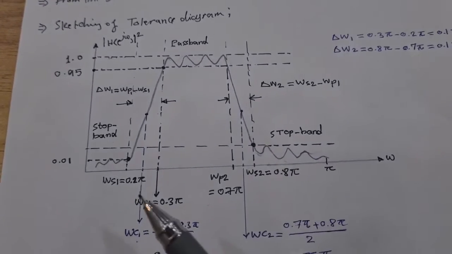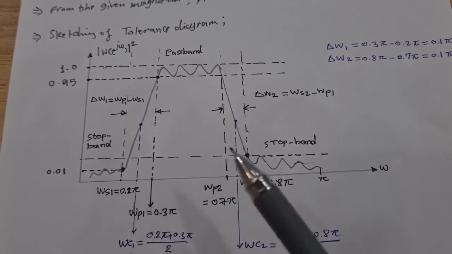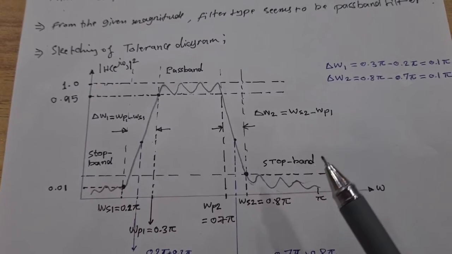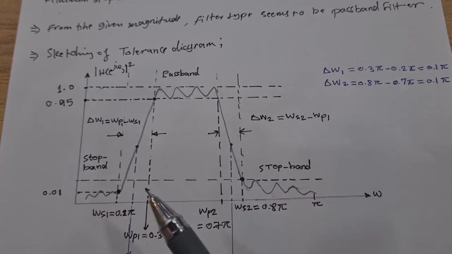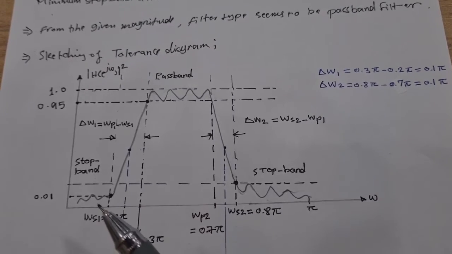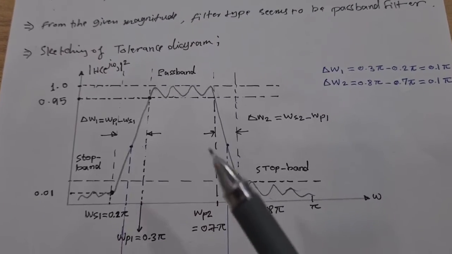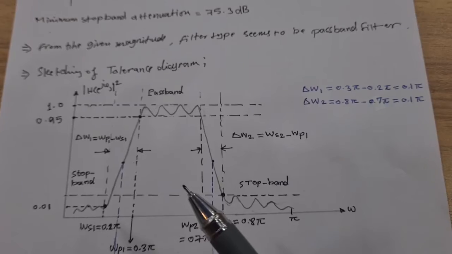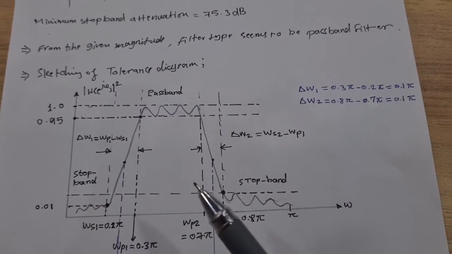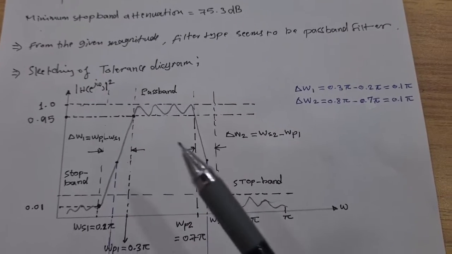We have two main regions: the stopband region, which is at the beginning and the ending of the figure, and the passband region, which is at the center of the bandpass filter.